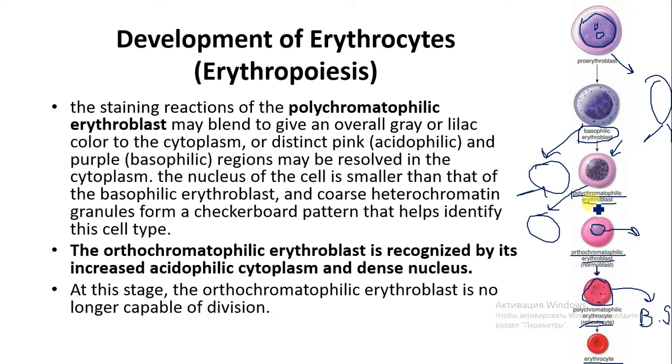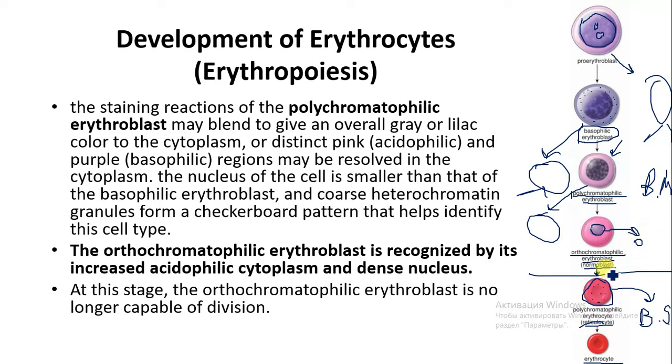Then gradually the amount of hemoglobin became larger than the amount of ribosomes, forming the orthochromatophilic erythroblasts, also named normoblasts. And they are still present inside the bone marrow. But when extrusion of the nucleus happens, the nucleus just runs away, and later this nucleus will be digested by macrophages inside the bone marrow.